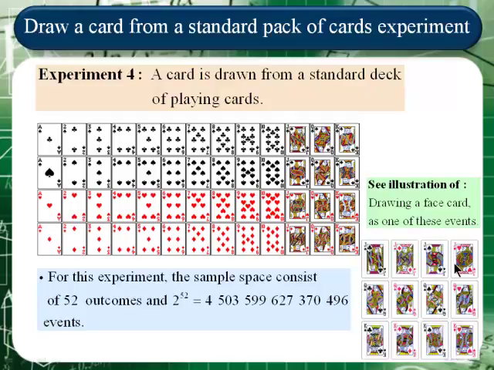Then this event can be illustrated in this way. So in other words, you either get a jack, a queen, or a king. So this will be 12 cards out of the 52. This is just one of the specific events.